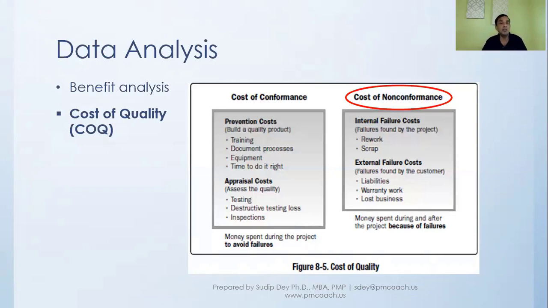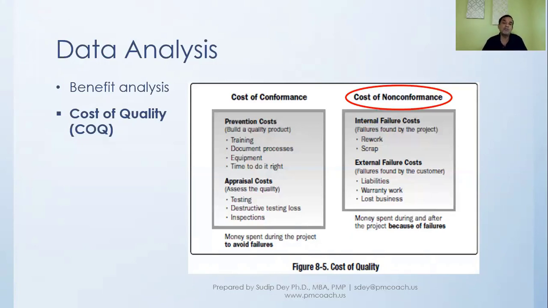We have seen many car companies, because of some failures, slapped with fines, and this can be huge. And there can be warranty work, because you have guaranteed it will work for 1 year, 2 years, and if it doesn't work, you have to fix or replace it, and that costs.